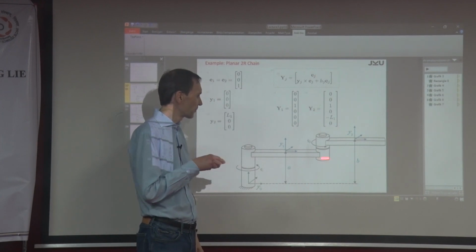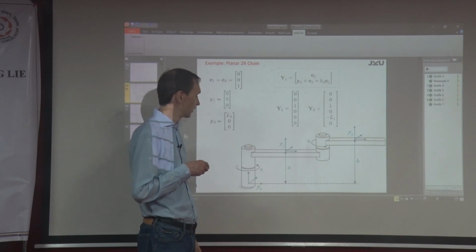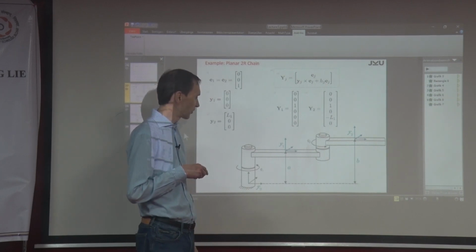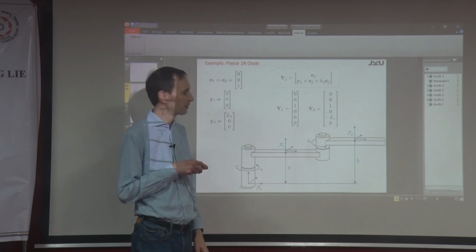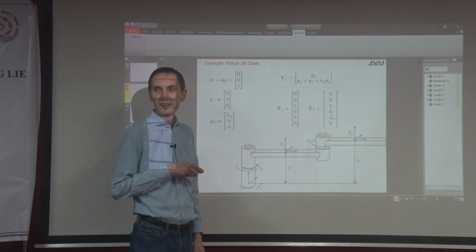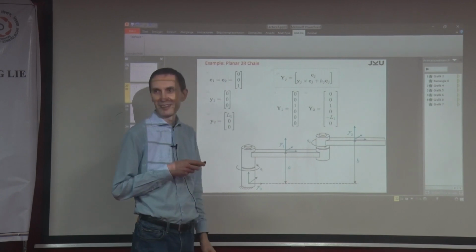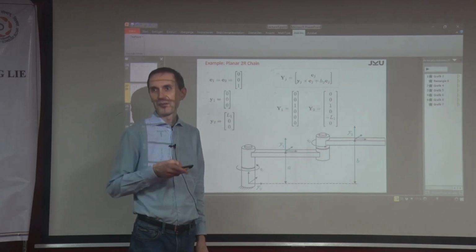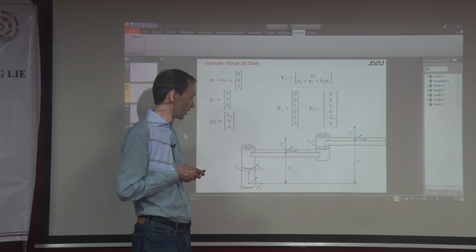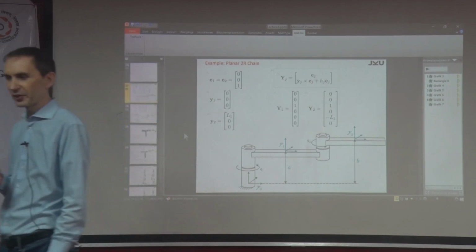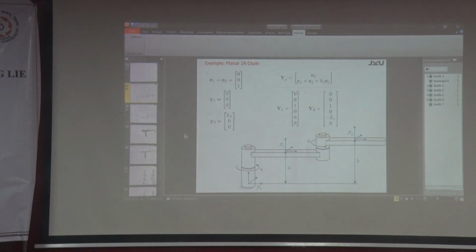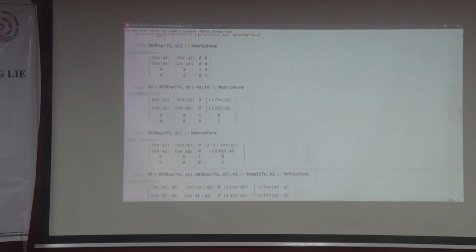L1 is this, and then times the sine of this angle, and minus. Does it make sense? You say no? Okay, so you mean the formula is not correct. I'm looking at this part here, the y component, minus L1 sine of Q2.